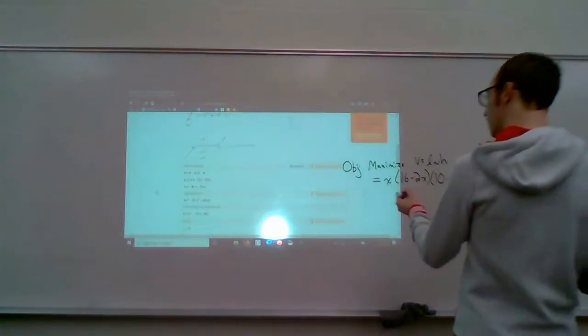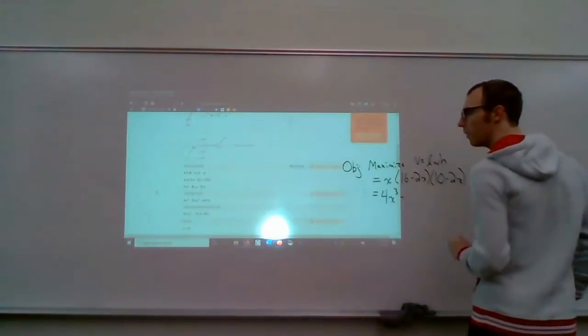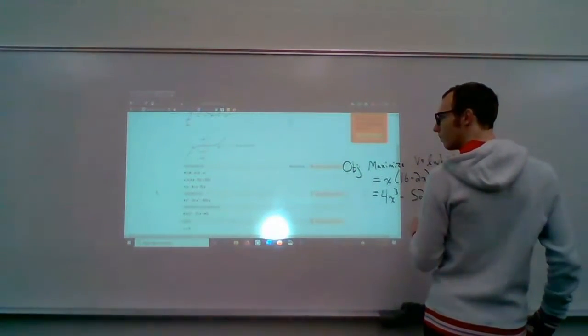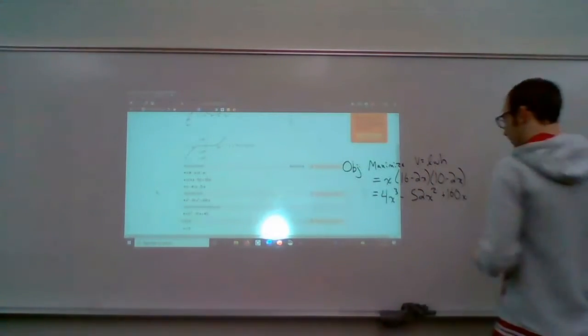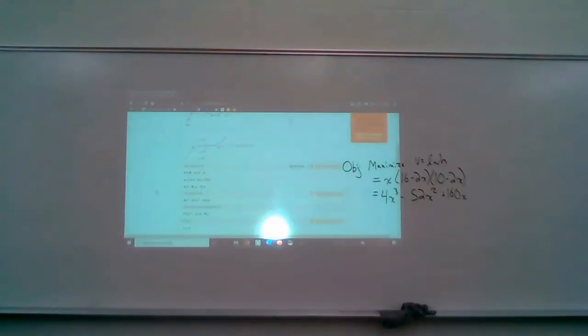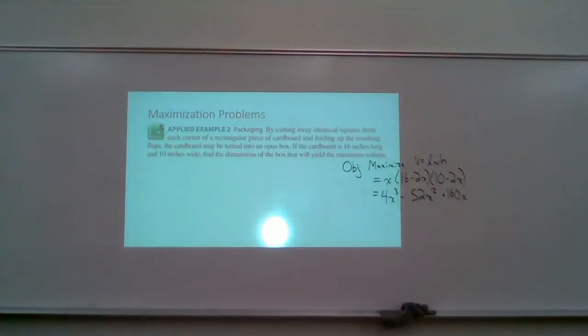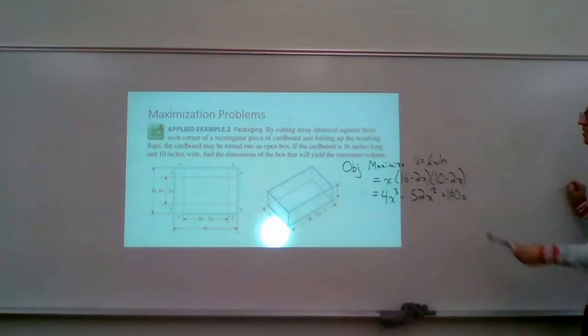So 4x cubed minus 52x squared plus 160x. All right, back into the PowerPoint. Let me just get those drawings back on the board there. So we want to maximize the function 4x cubed minus 52x squared plus 160x.